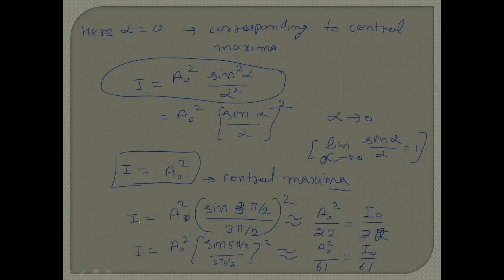This is for the first maxima, second maxima, central maxima, and third maxima. The third maxima, with 7 pi by 2, gives A naught square divided by 121.